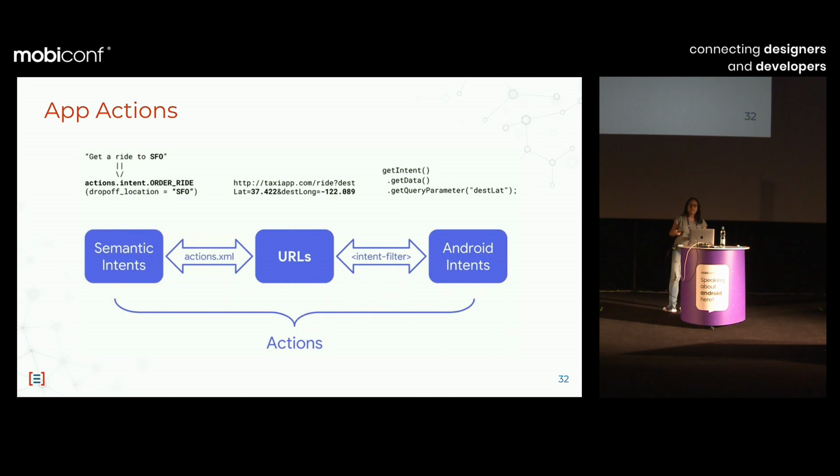You have put actions.intent.ORDER_RIDE, and you can get parameters like a drop-off location. And then the actions.xml is going to provide a link where you actually are going to transform the information to this URL right there. And then, thanks to all this framework, the deep link API, and how you use it, you're going to launch an intent with those specific parameters.